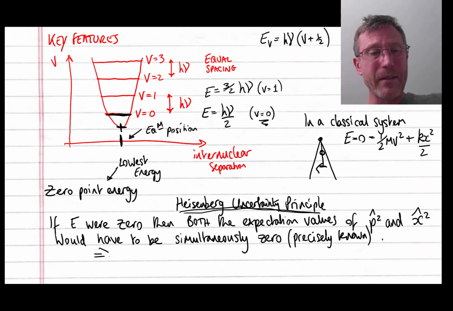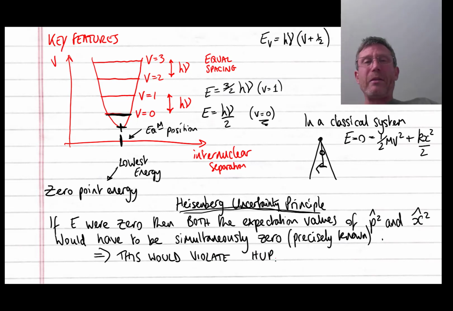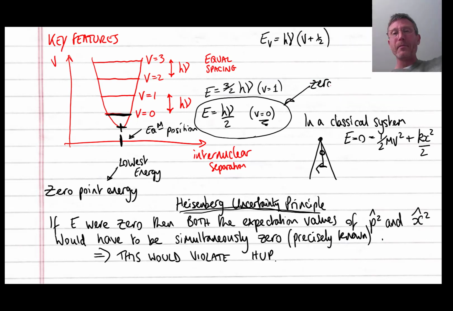And this would violate the Heisenberg uncertainty principle, and we can't violate the Heisenberg uncertainty principle. Fortunately we're in good shape, because the lowest energy system we can have is with that diatomic molecule still moving. And that is this 0-point energy. Okay, next up we're going to think about what these energies mean for us as spectroscopists. We'll move on to that in the next segment.